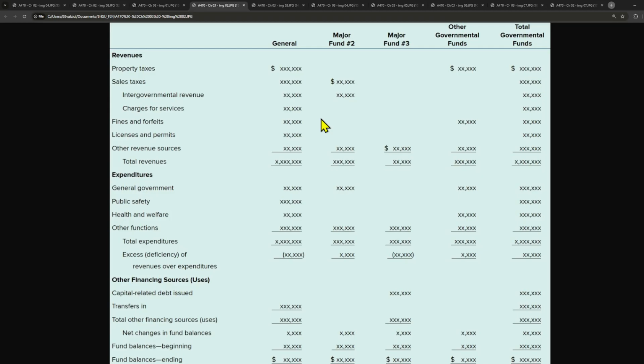The deferred outflows are assets that are present but not accessible, and therefore they don't quite meet the definition of an asset. And the same with the deferred inflows. That's some sort of obligation, but it doesn't meet the level of a liability.